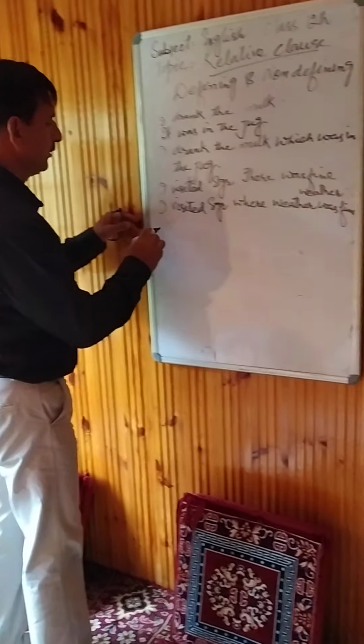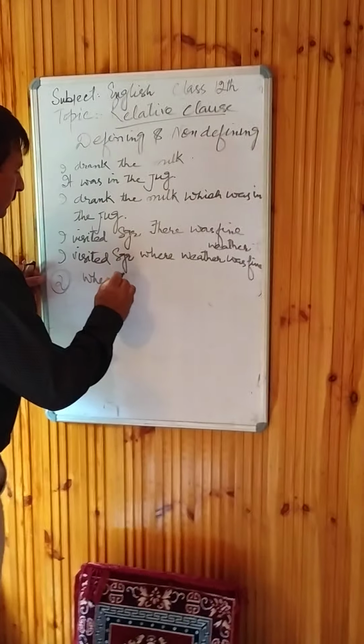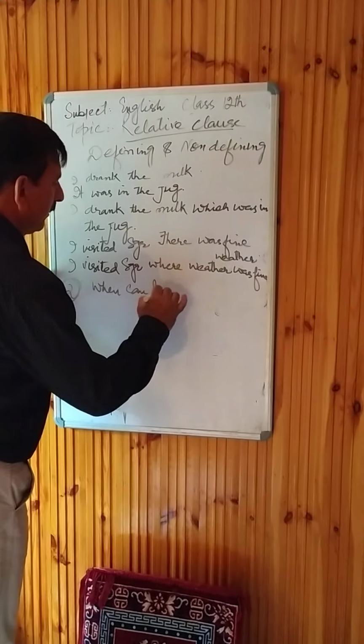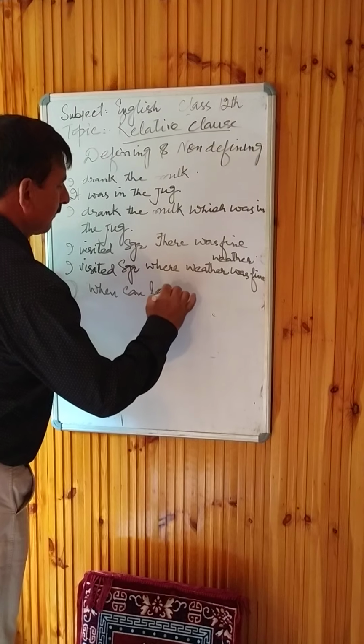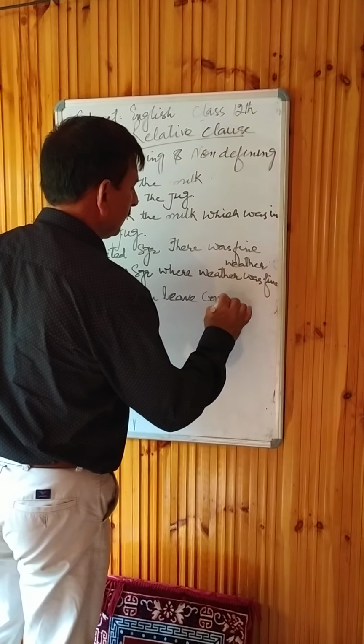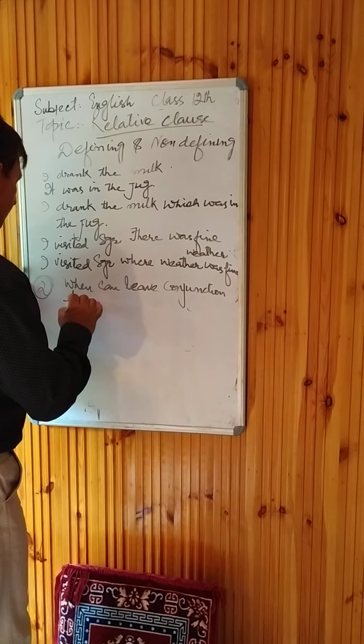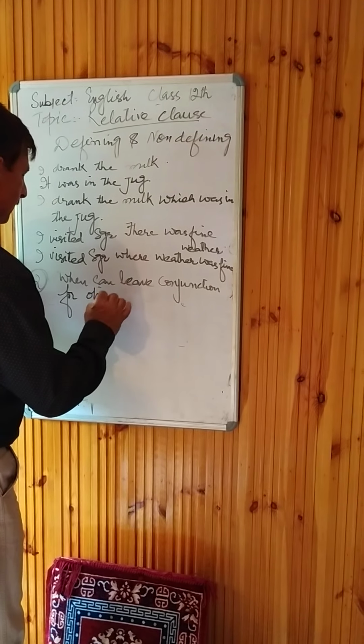One more rule, rule number 2, is that we can leave out the conjunction for an object.